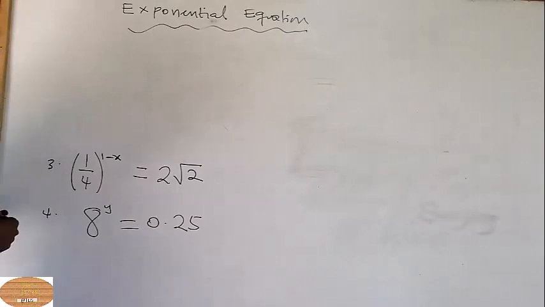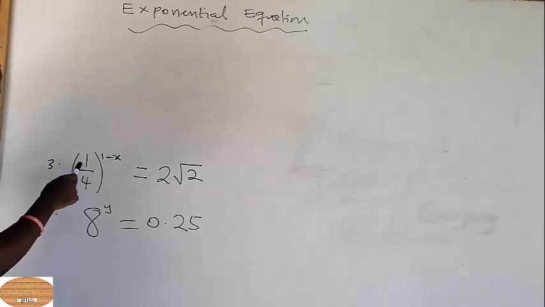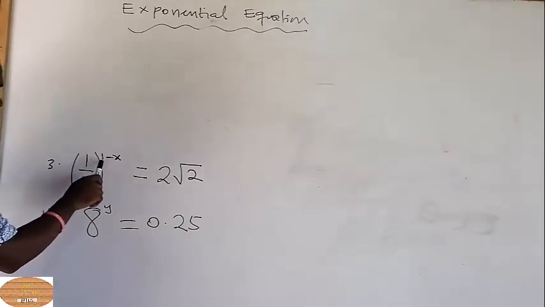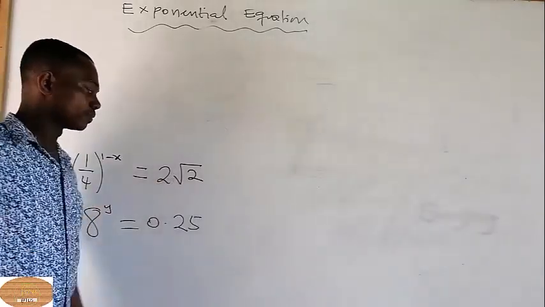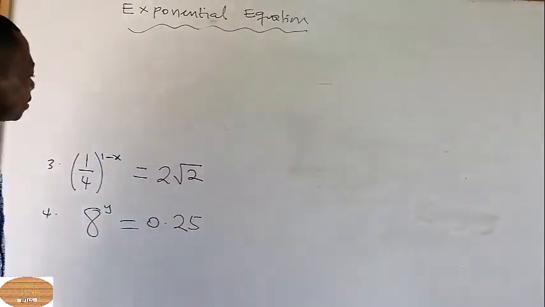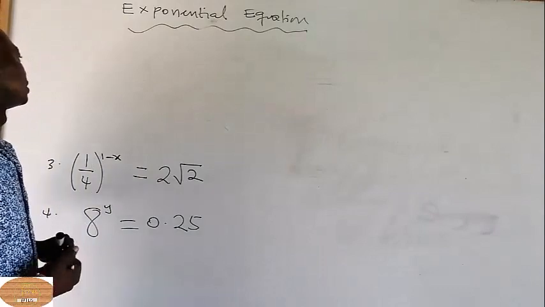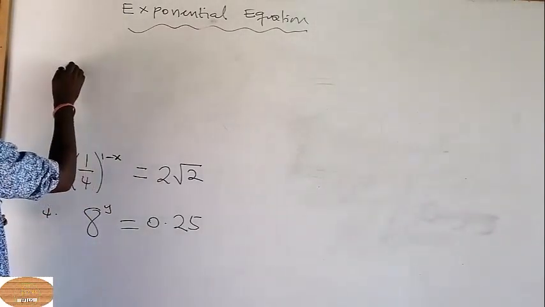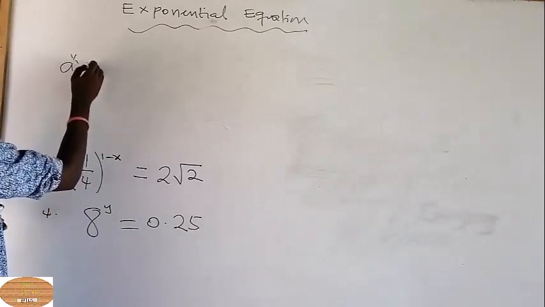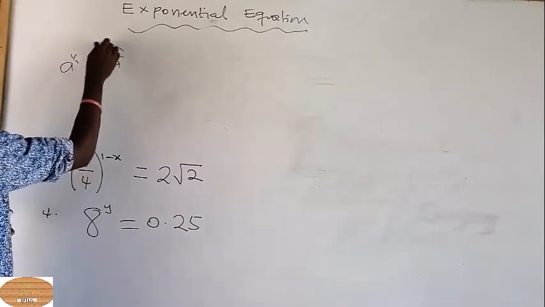Alright, so let's move on to the third example. Now the third example is not difficult. Now let's check something here. I have 1 over 4 all to the power 1 minus x equals 2 root 2. Now don't forget that we said in case you have, let's say, a to the power half, the same as square root of a.